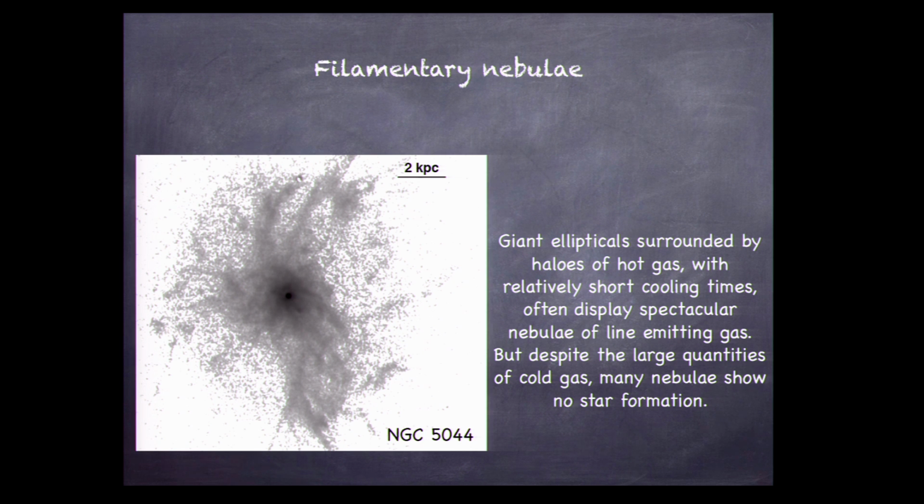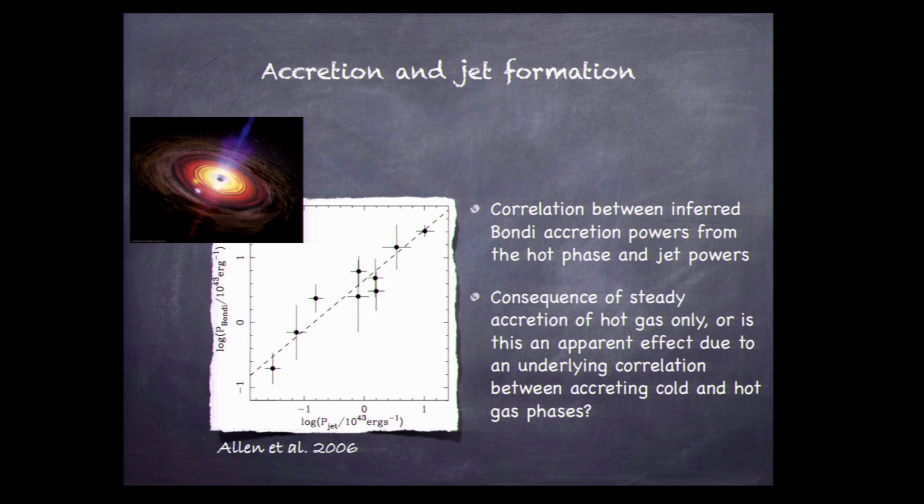Also, in these systems we see AGN. Are these AGN powered only by accreting hot gas or also cold gas? Steve Allen in 2006 found this beautiful correlation between the jet power and the accretion rate from the hot X-ray emitting phase onto the black holes.